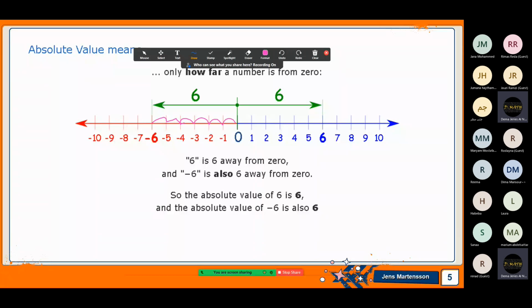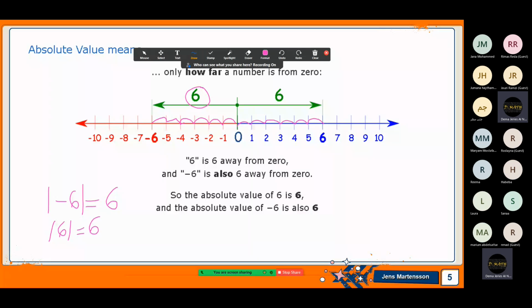So how far am I from 0? I am 6 jumps. So that means the absolute value of -6 is 6. And since I'm moving from 6 to 0, I moved 6 jumps. So the absolute value of 6 is also 6.